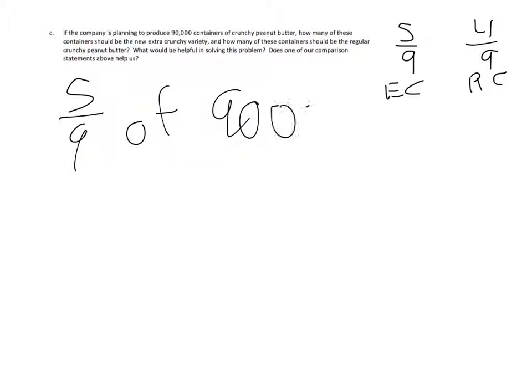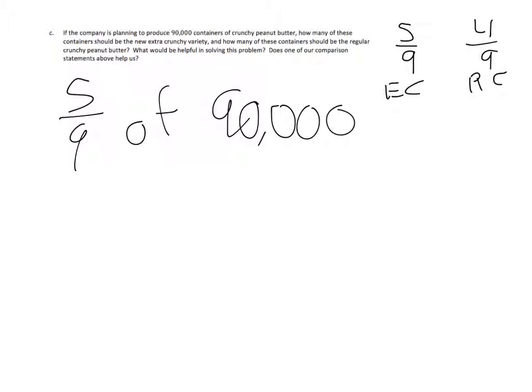So we can use these fractions to help us. We're going to take our 5/9, because as we said, it's 5/9 of the total. Well, our total is going to be 90,000. So we're going to do 5/9 of 90,000.